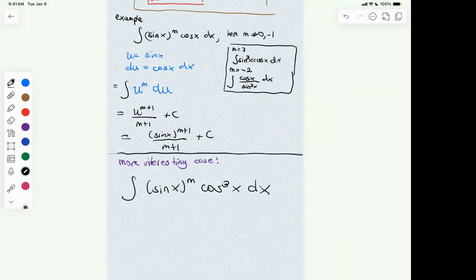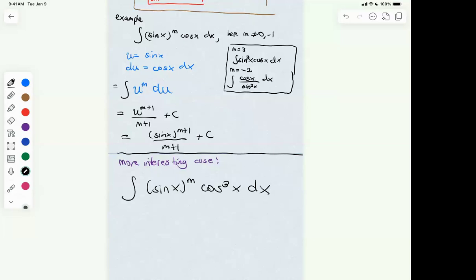Okay, so the difference now is that when you have a cosine cubed, if you try to use the same u sub, that doesn't quite work, because the u sub would take care of a factor of cosine, but then you still have a cosine squared left, which is kind of annoying, you see?